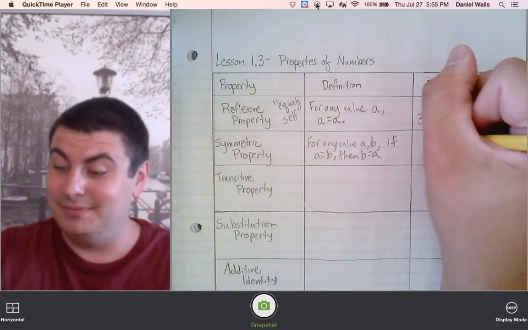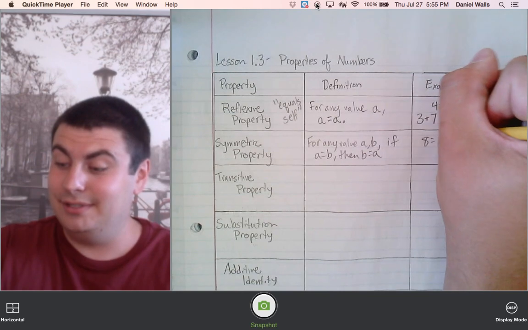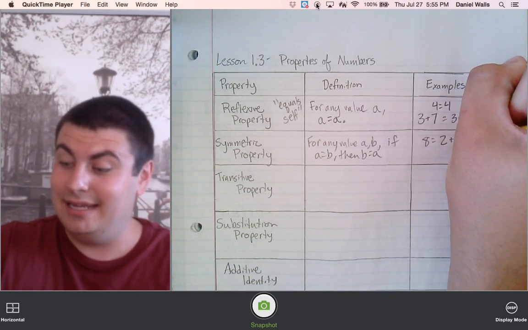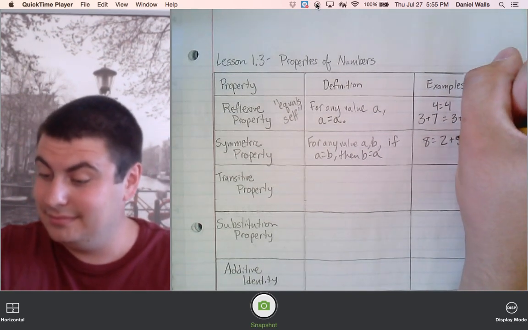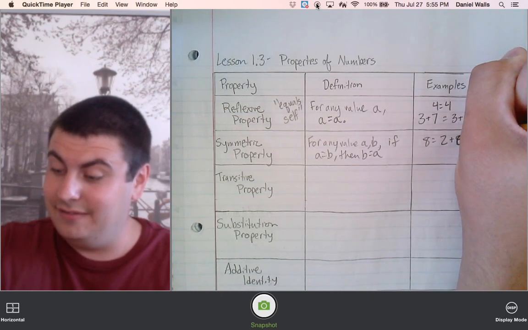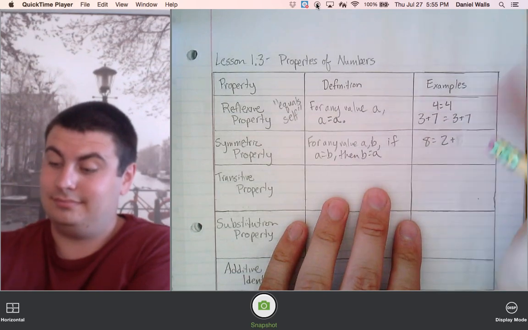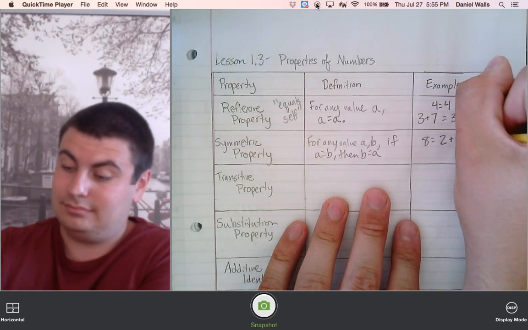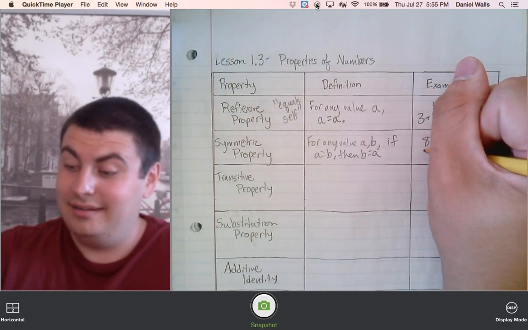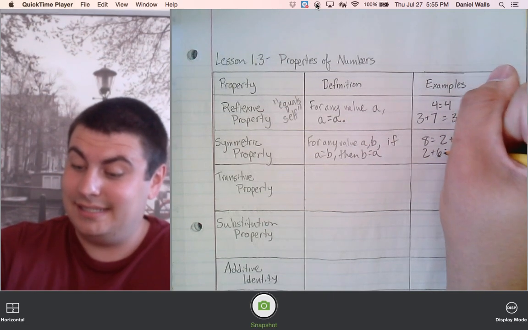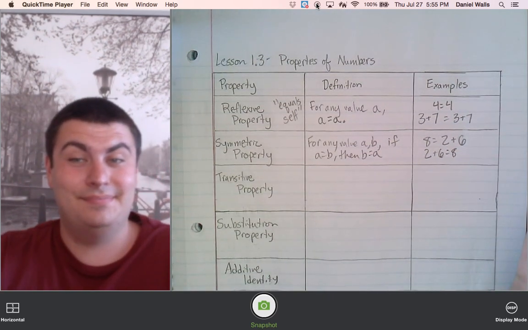So for example, if 8 equals 2 plus 6, then 2 plus 6 equals 8.